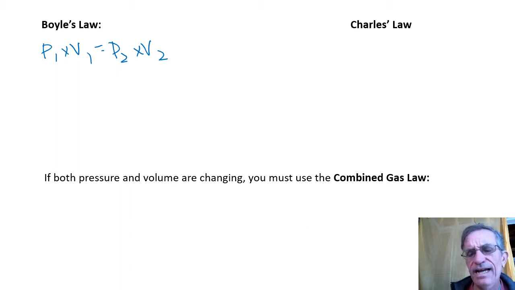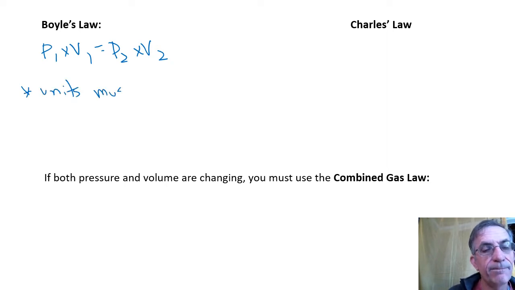If you're changing the pressure, what happens to the volume of a gas? Now, as far as all these laws go, there are always rules about units. For Boyle's law, there is just one rule I want you to make sure you're aware of: when you use this equation, you can put in any units, but the units must match.